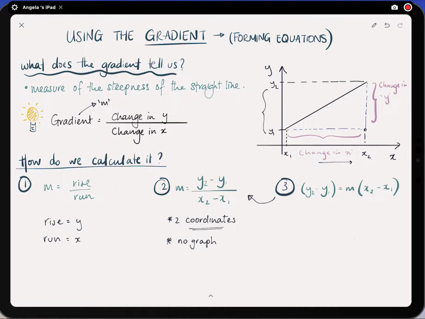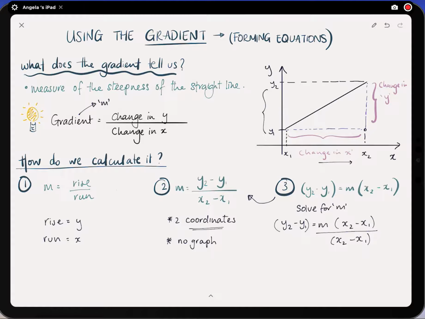So all it is the second calculation written in a different form, which is y2 minus y1 equals m times x2 minus x1. To prove that, let's solve for m. So that means I'm going to rearrange this equation and let the entire thing equal m. So in doing that, I'm going to have y2 minus y1 equals m times x2 minus x1, dividing that all by x2 minus x1.